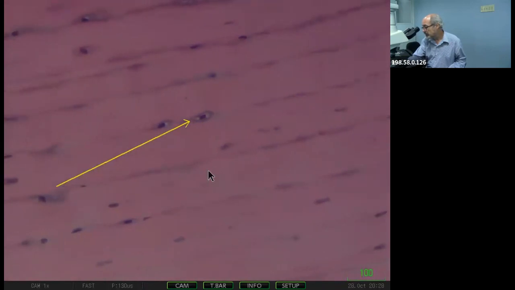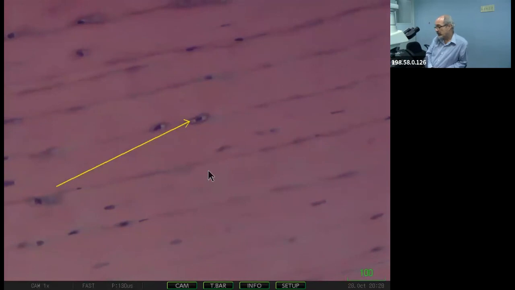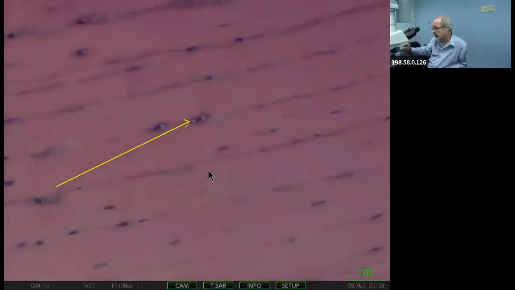What type of cartilage? Fibrocartilage. Because look, all the fibers are going in the same direction, to sustain the pressure. The cell indicated by the arrow is a chondrocyte in lacuna. So it will be your fibrocartilage.